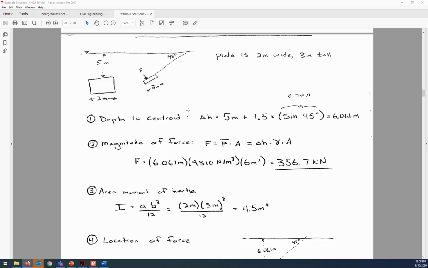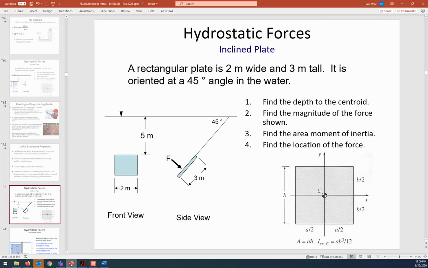The depth to the centroid is going to be 5 meters, and then the vertical component of the 1.5 meters that's at an angle. Let's go back to the sketch just momentarily. 1.5 meters from the top edge to the centroid is the inclined distance.